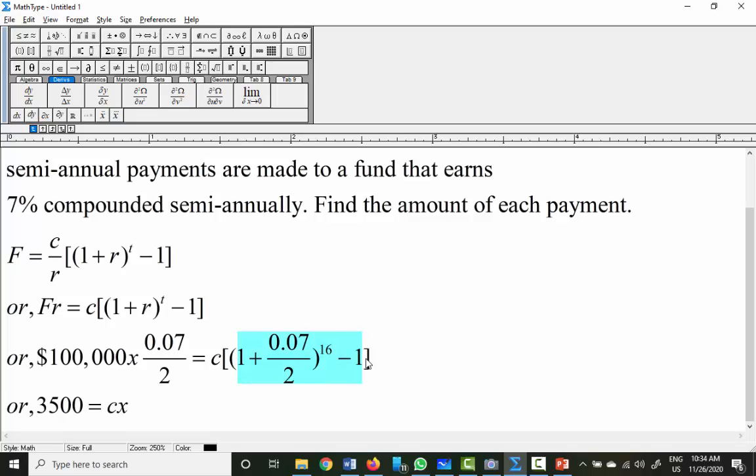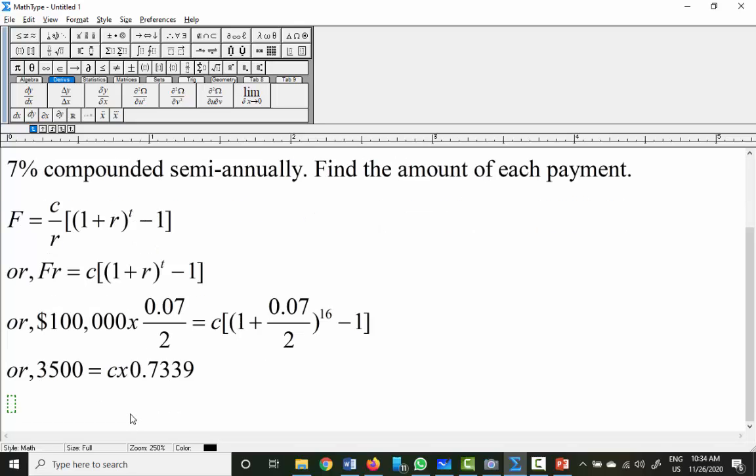Let us do this calculation. So we will have 0.7339, right? 0.7339.